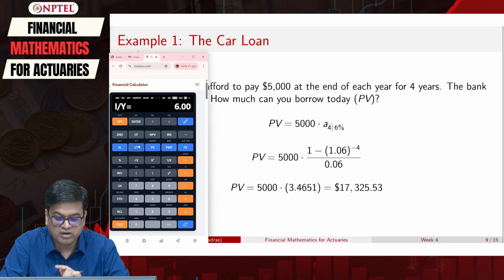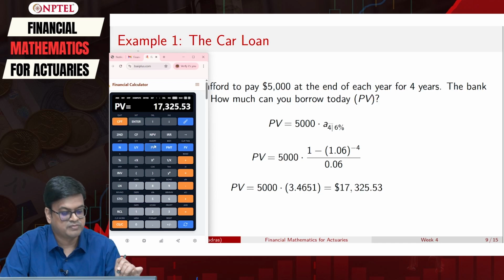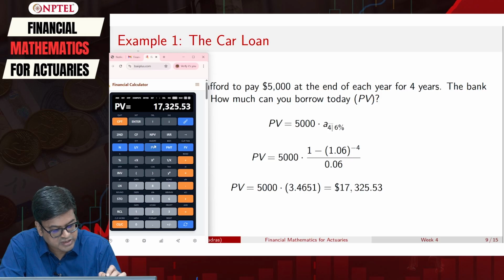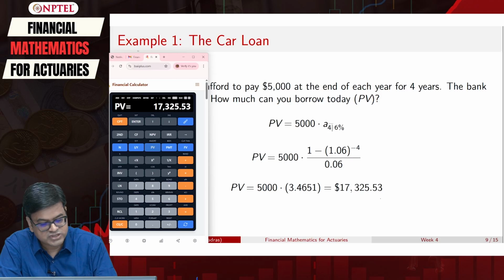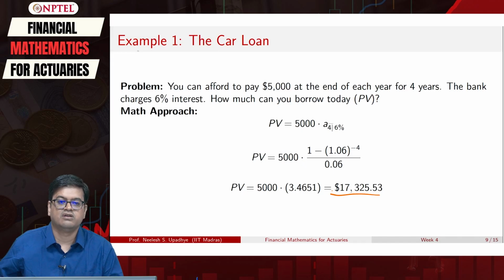Okay. So did I feed in all the information? Yes. 5,000, 6%, number of years 4. Then you go for compute and call for present value. You can see the exact matching answer 17,325.53, which is here, right. So this is how you will solve using your calculator.